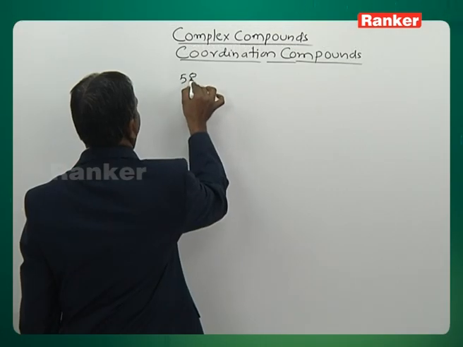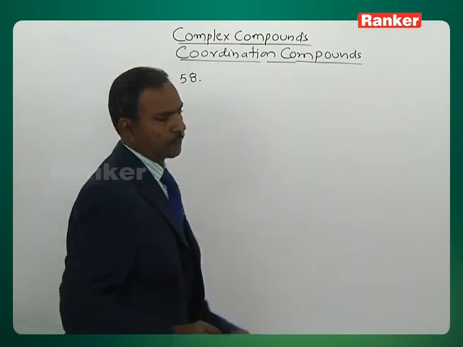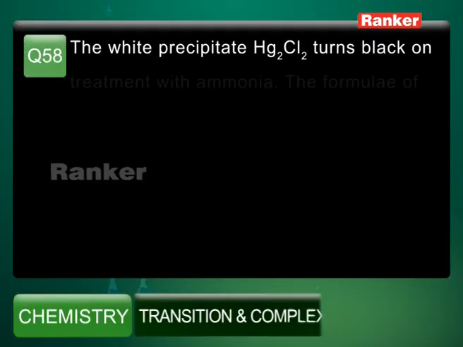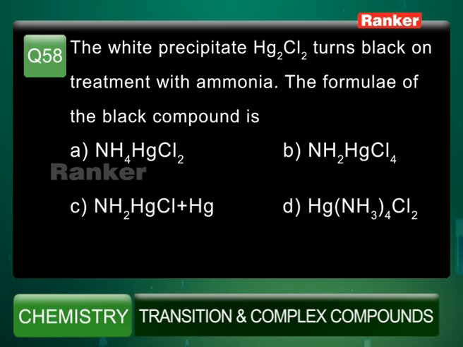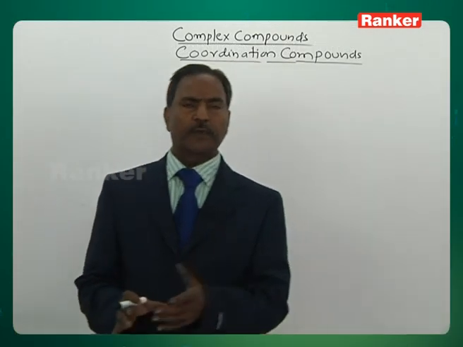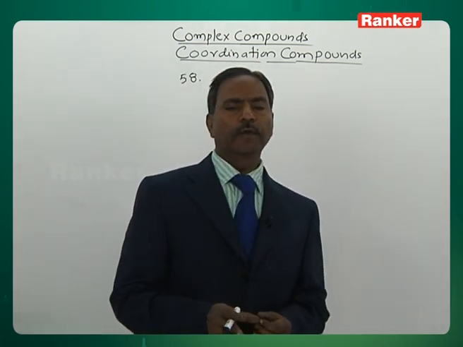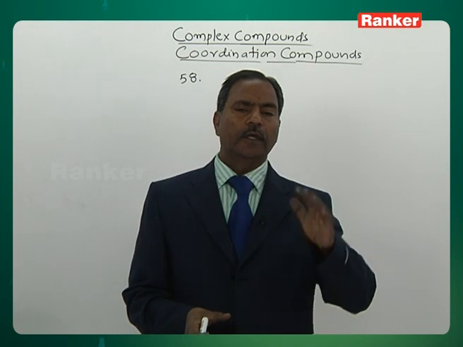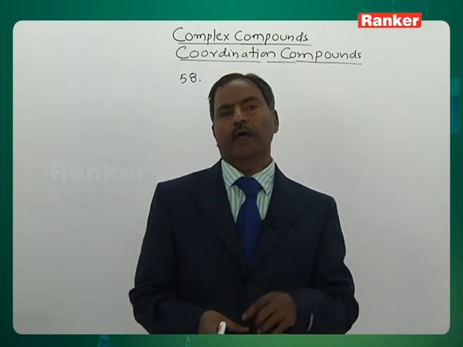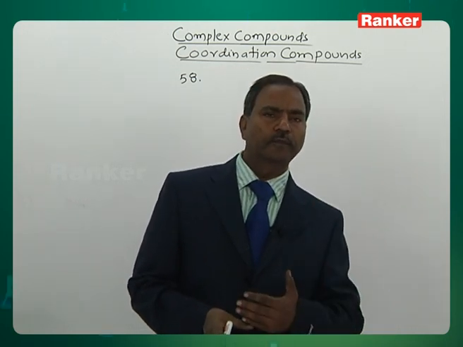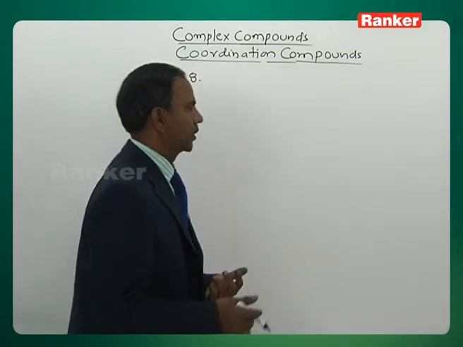Question number 58. The white precipitate Hg2Cl2 turns black on treating with ammonia. The formula of the black compound is. You will see this in semi-micro analysis. It is also useful in complexation. Now, whenever mercury chloride is treated with ammonia or ammonium hydroxide, what precipitate are we getting? A black precipitate.